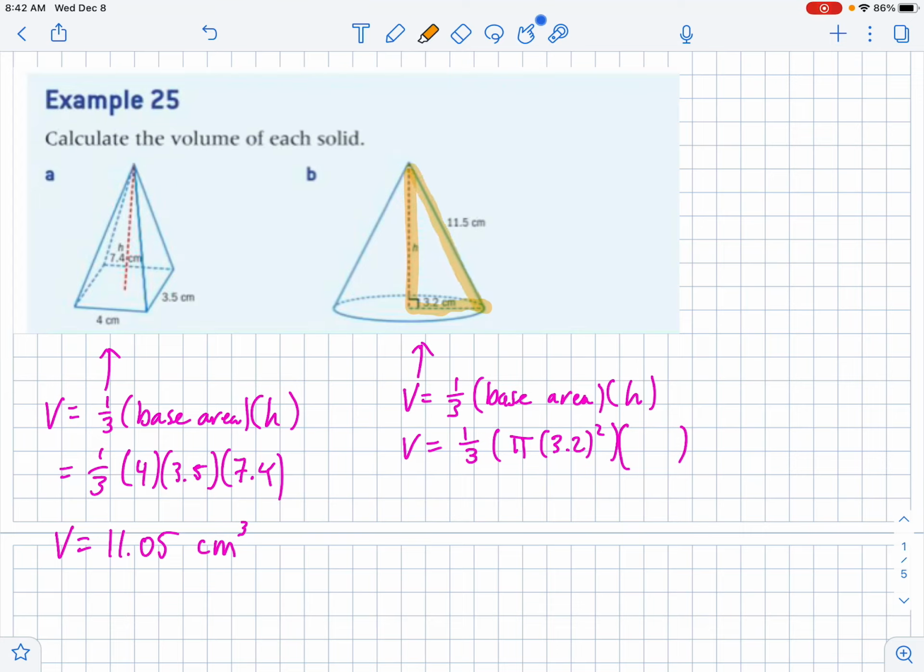Because this is a right triangle, if you look at that slice, we can use Pythagorean theorem to say h squared plus 3.2 squared is equal to 11.5 squared. So 11.5 squared, take away 3.2 squared, and then square root that. You get 11.05, rounded to 2 decimal places. So 11.05 is the height, and then if you crunch that, you should get about 118 centimeters cubed.